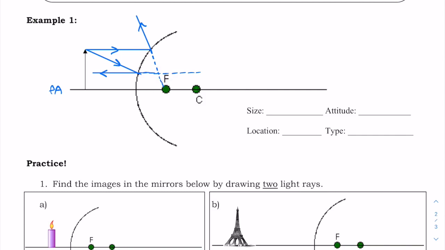And the third one that I'll draw is the ray of light that passes through the vertex right here. So we have a ray of light heading towards the vertex like so. It's going to obey the law of reflection and reflect at the same angle it came in at, so something like this.